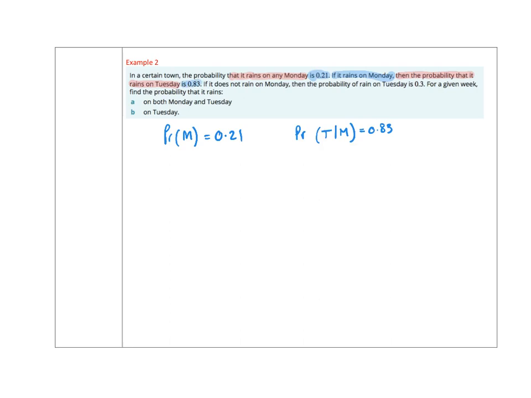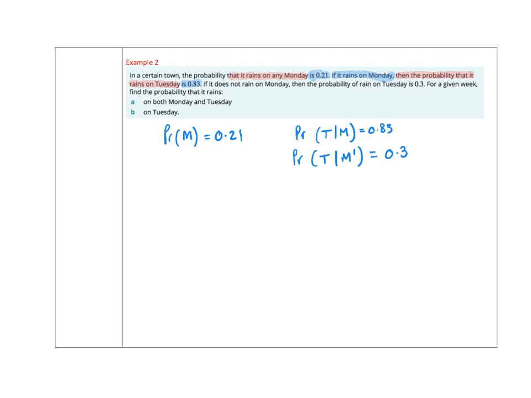It says if it does not rain on Monday, then the probability of rain on Tuesday is 0.3. So the probability of T given it didn't rain on Monday is equal to 0.3.